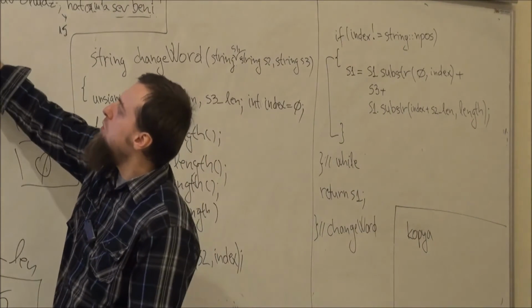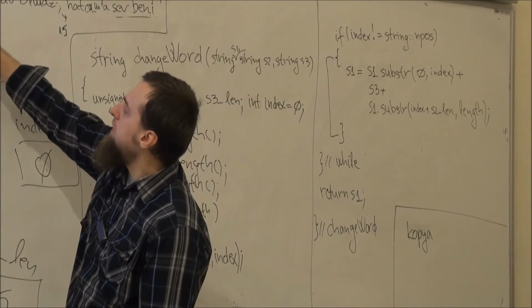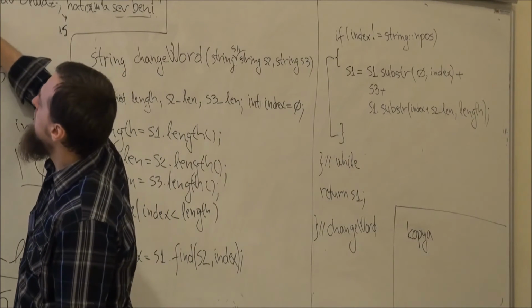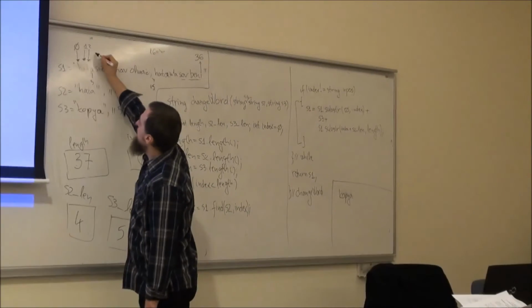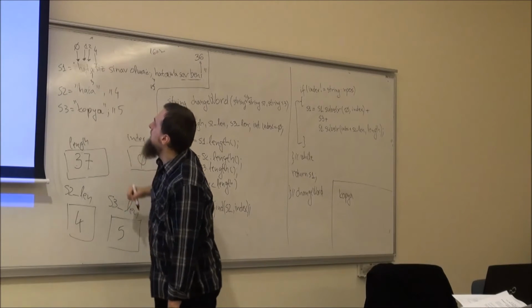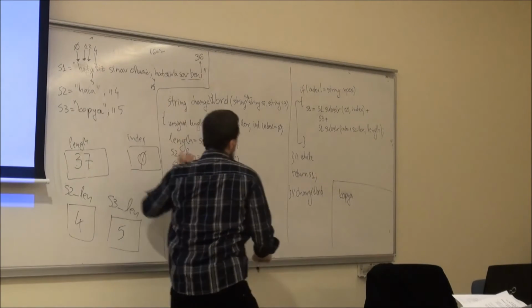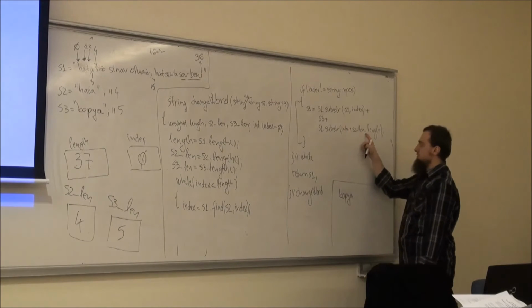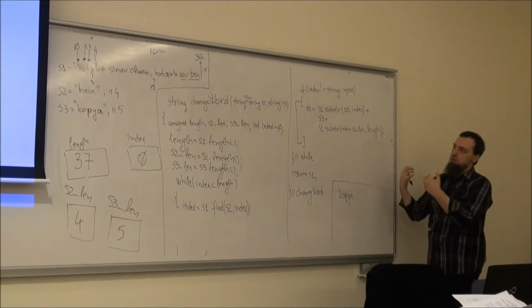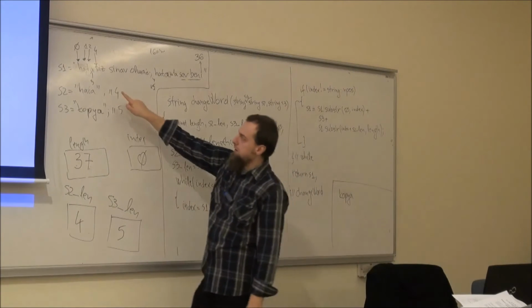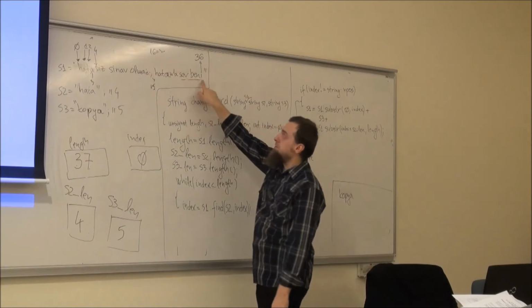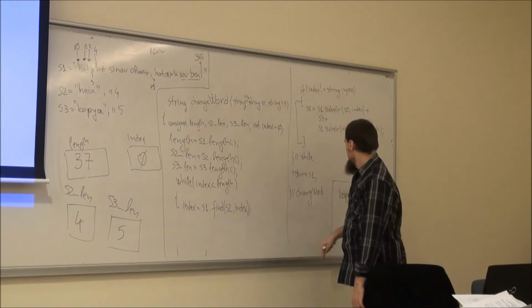So 0, 1, 2, 3, 4. Starting from the 4th character, so this is index plus S2 len, up until the end, we take the whole string. So we take this sis anaf almas hatam lasavbeni, okay? Copia.